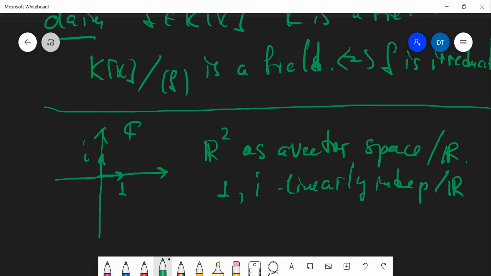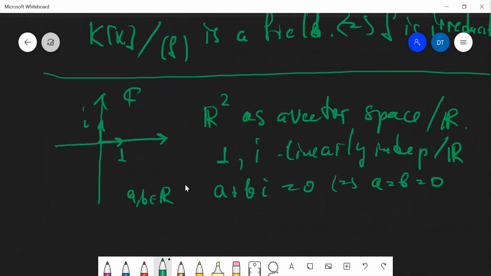What does it mean that they're linearly independent? a plus bi equals 0, where a and b are real numbers, if and only if a equals b equals 0. We know this property that the complex number is equal to 0 if and only if its real and imaginary parts are 0. So this simply means that elements 1 and i are linearly independent over R. And each complex number has this form, so they generate C as a vector space.